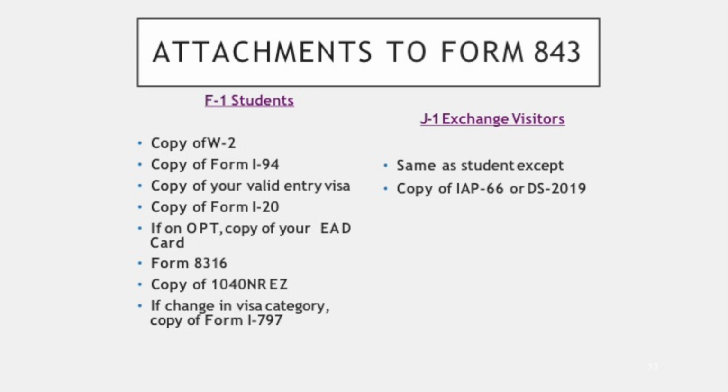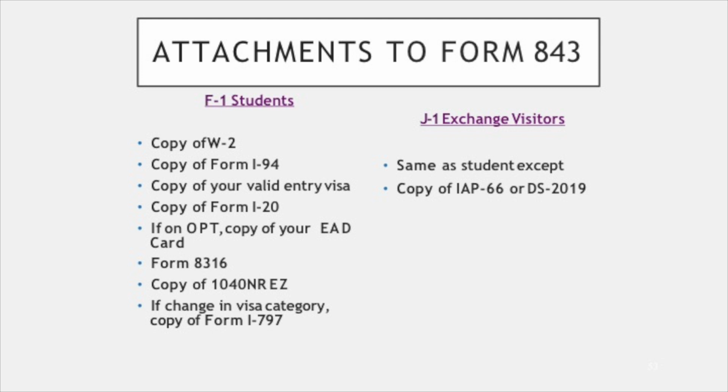Okay, the attachments that you have to send in with 843. For F1 students, you have to send a copy of the W-2 where they withheld those Social Security wages and Medicare taxes, copy of your I-94, copy of your valid entry visa, a copy of the Form I-20. If you're on optional practical training or OPT, then a copy of your EAD or your employment authorization. Again, that Form 8316 I just mentioned.